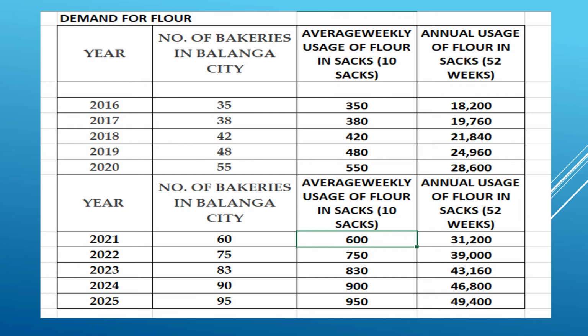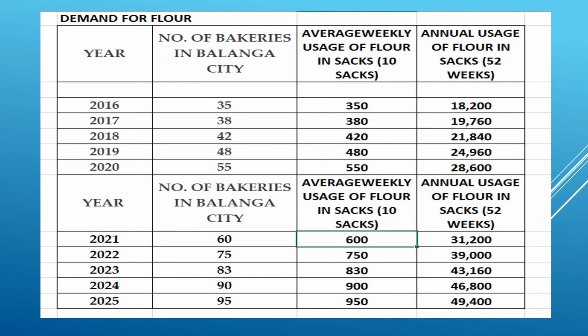Kasi, mag-o-offer tayo ng, let us say, kamote flour, no? Yan yung product natin, or any other types of flour na i-offer natin sa mga bakeries. Kaya, para makuha natin yung consumption ng flour, pwede nating umpisahan doon sa number of bakeries.